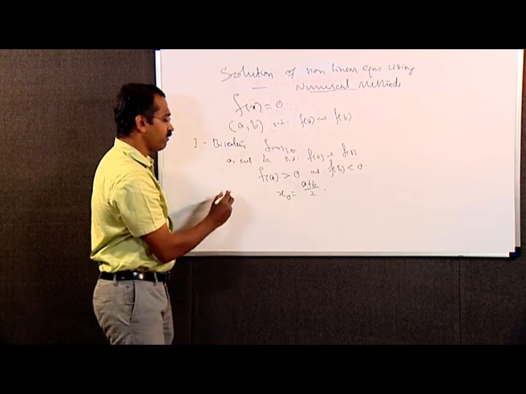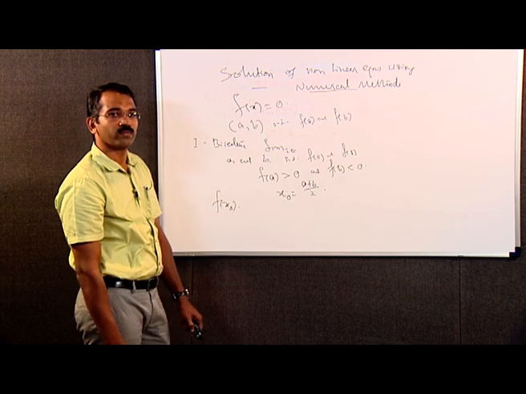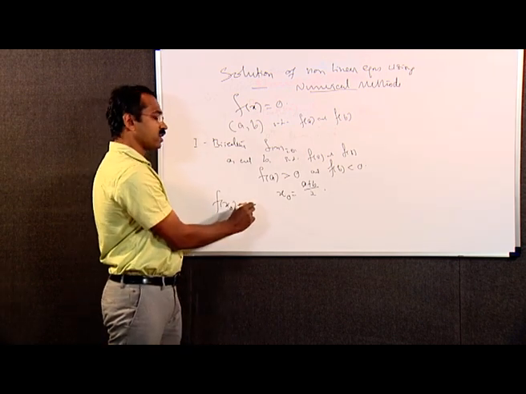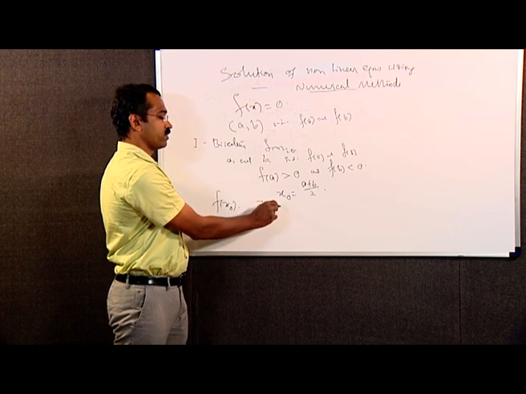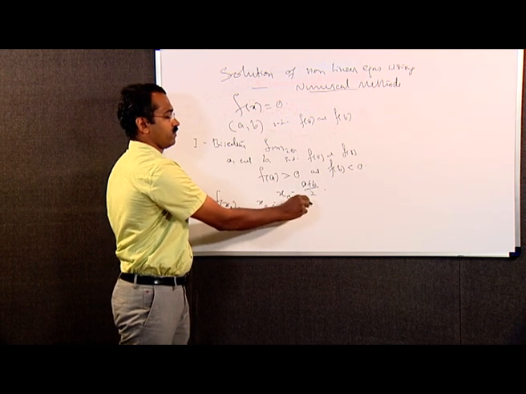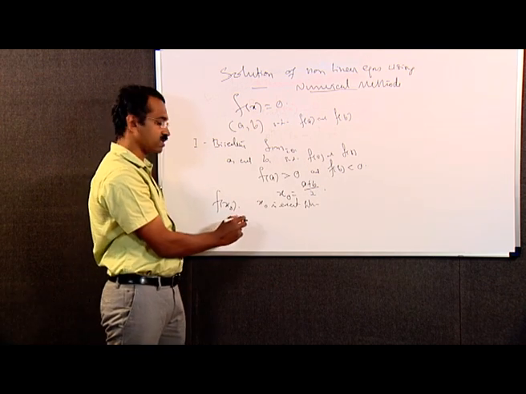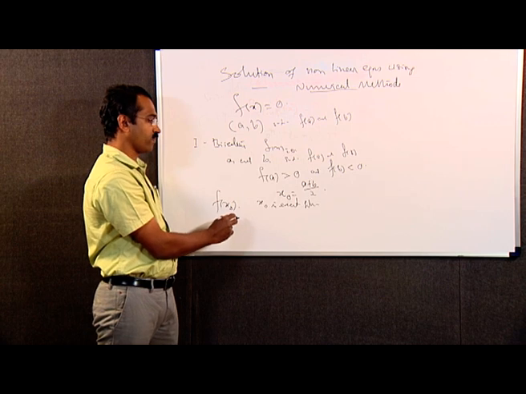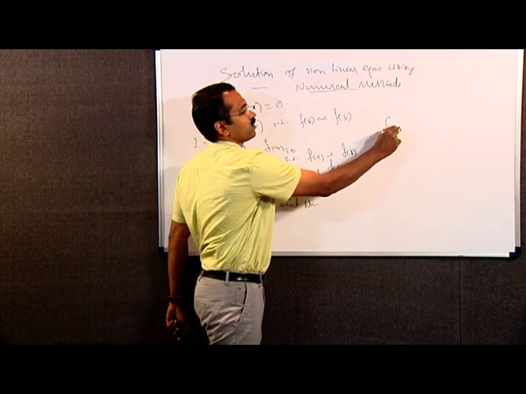Now, we evaluate f of x naught. If f of x naught equal to 0, then x naught is the exact solution. Otherwise, f of x naught may be positive or negative. Assume f of x naught is positive.